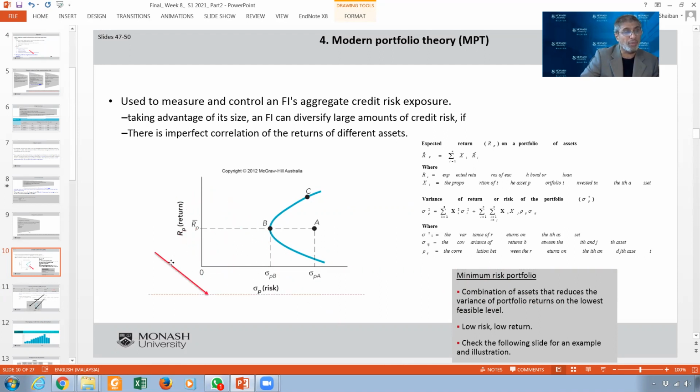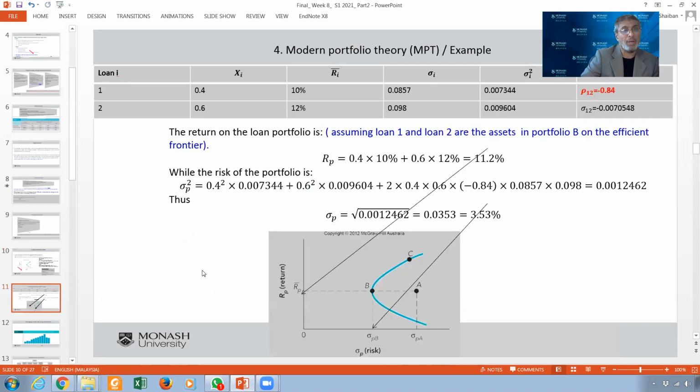So if you check the following slides, look at this one. If I have a portfolio, just an example, of asset 1 and asset 2, the weights of them are 40% and 60%. This portfolio has 2 assets, and the return of the first is 10% and the second 12%.